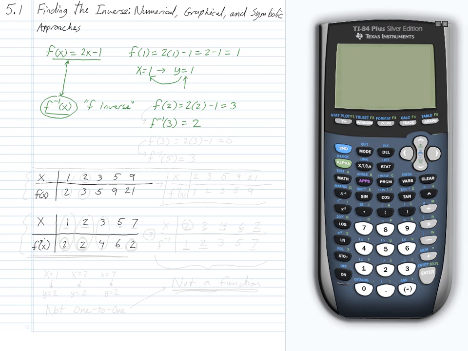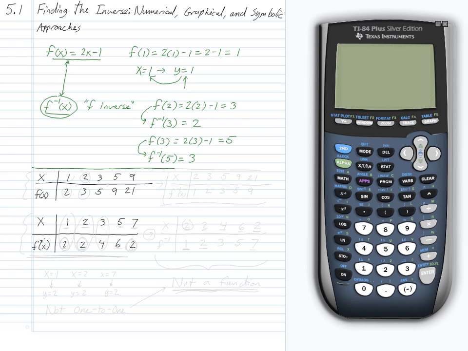Now, it may not be clear exactly how it's going to do that, but that is what the inverse function should do. If f of 3 is 2 times 3 minus 1, that would be 5, then f inverse of 5 would give us back 3. That's all that we know about the inverse function. It undoes whatever the function that it's related to does.